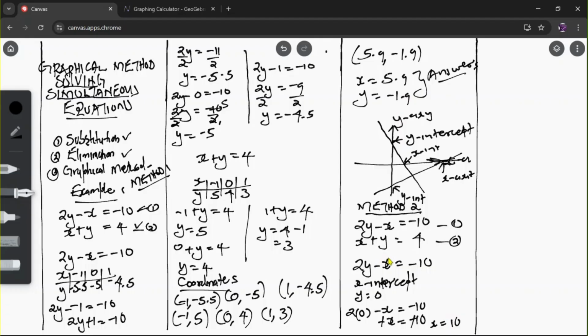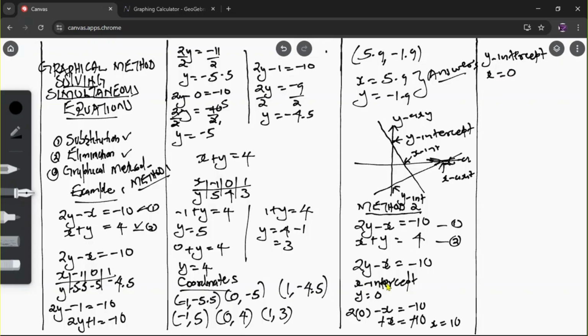I want to do the same thing. I want to know where it cuts the y-axis. I'll come here and say at the y-intercept, the value of x is 0.